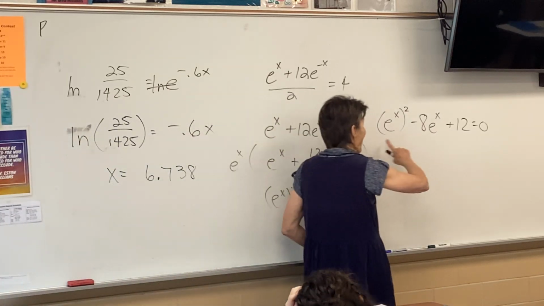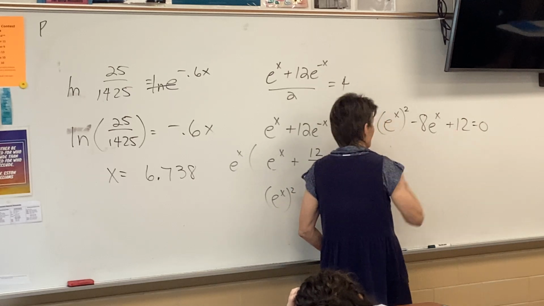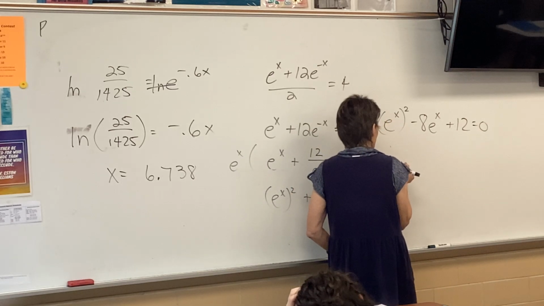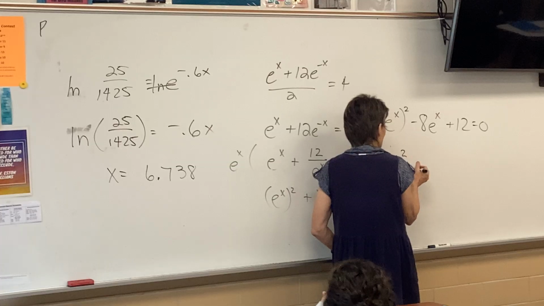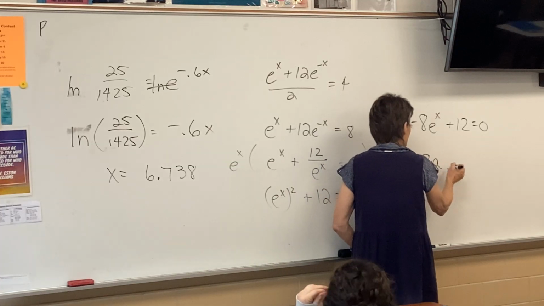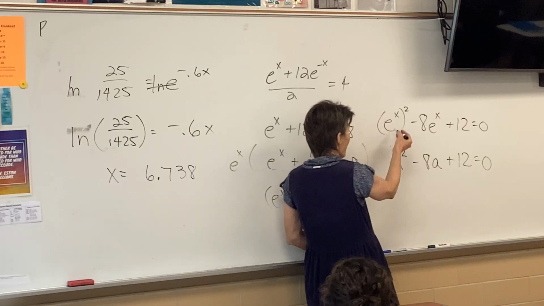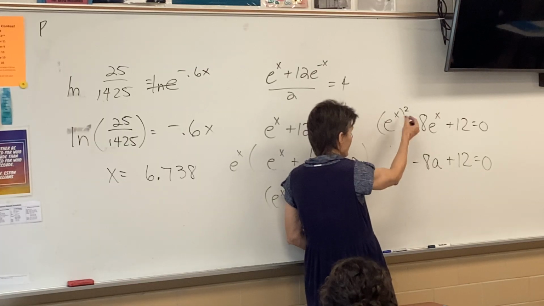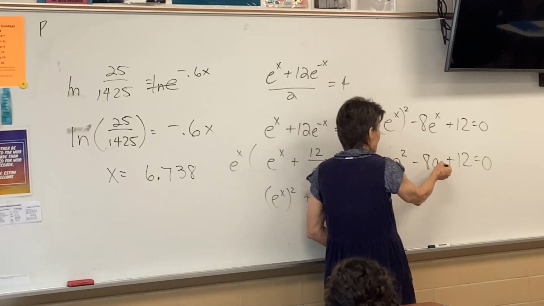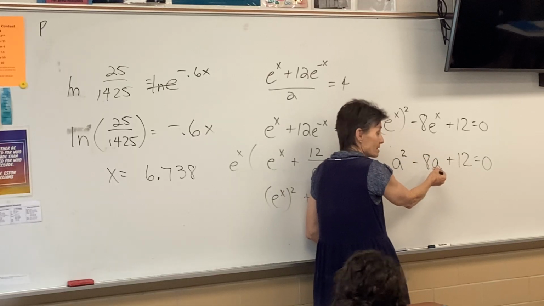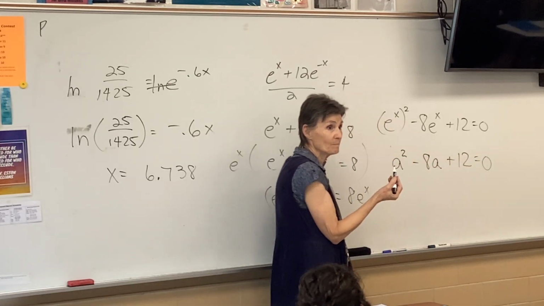This is exactly the same as, let's say, a squared minus 8a plus 12. You see that? You have something squared minus 8 of those very same things plus 12 equals 0.